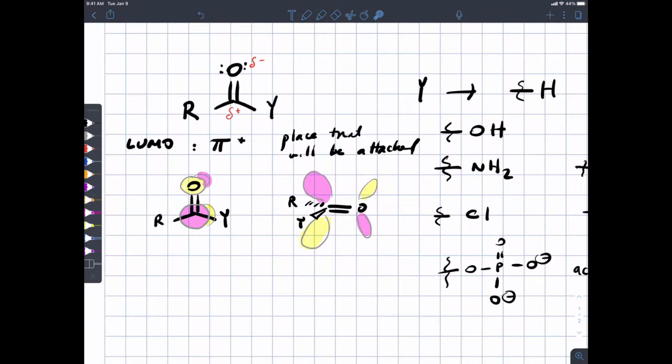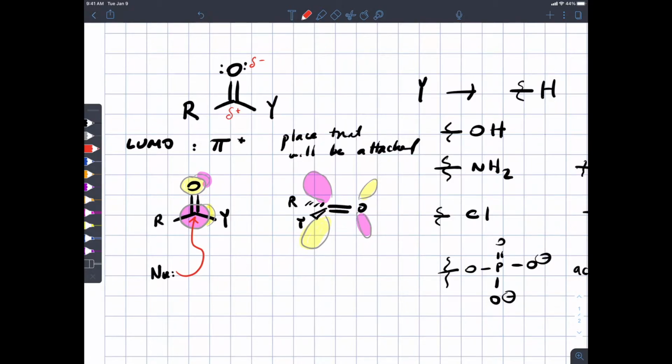One of the things you'll notice, if you did calculations, is that most of this empty antibonding orbital is on the carbonyl carbon. And so what that means is that when a nucleophile encounters a carbonyl compound, it will attack at the carbonyl carbon. It will attack the pi star at the carbonyl carbon.